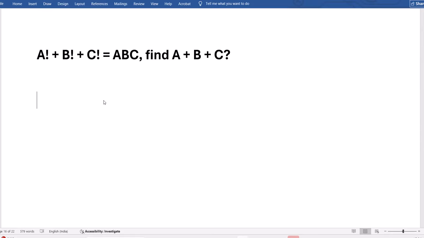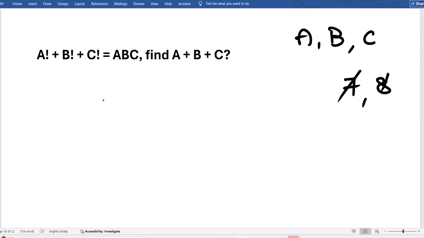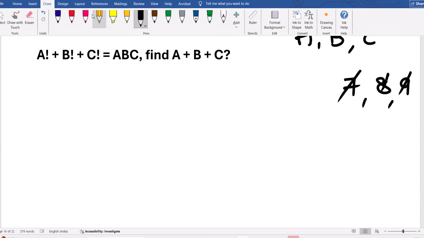Because 7 factorial is 5040, 8 factorial is 40,320, and 9 factorial is 3 lakh 62,000 or so. So ABC cannot be 7, 8, 9.